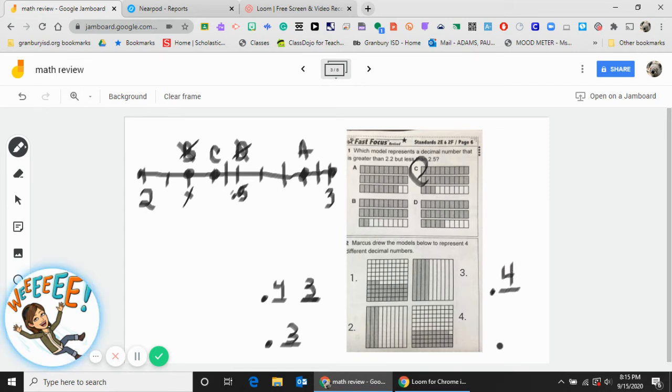And then my number 4, it's broken into 100 pieces, so I need 2 lines, 1 for tenths, 1 for hundredths. How many tenths do I have that are filled up? 1, 2, 3, and we're going with 3. And my next one is 1 short of a full one, so it'd be 9. I'm done.